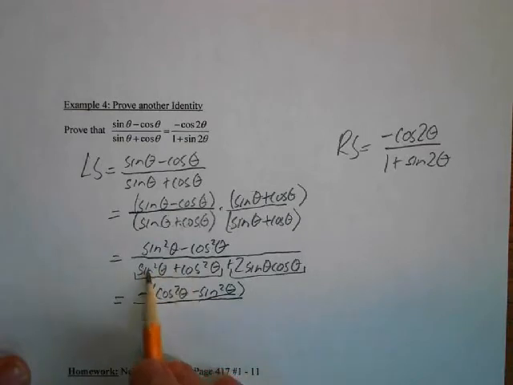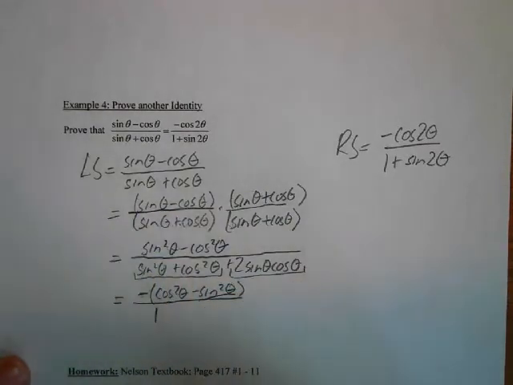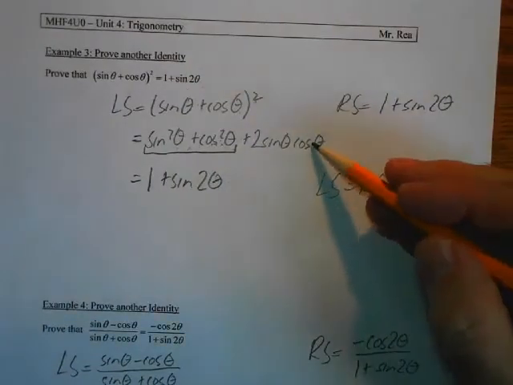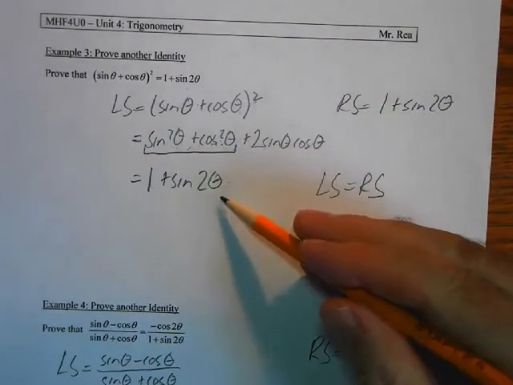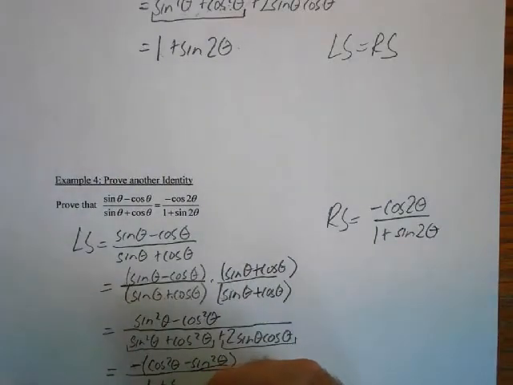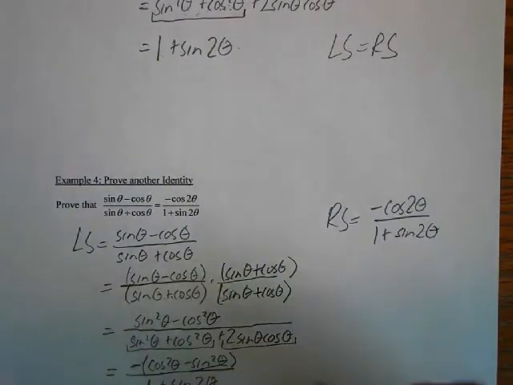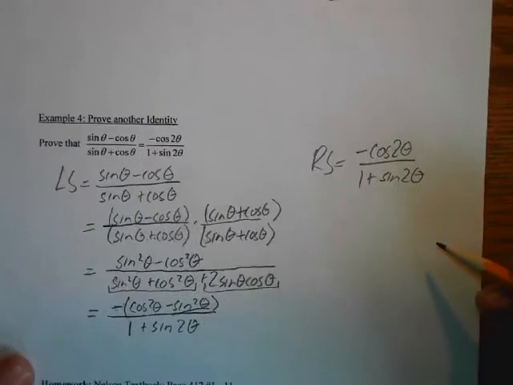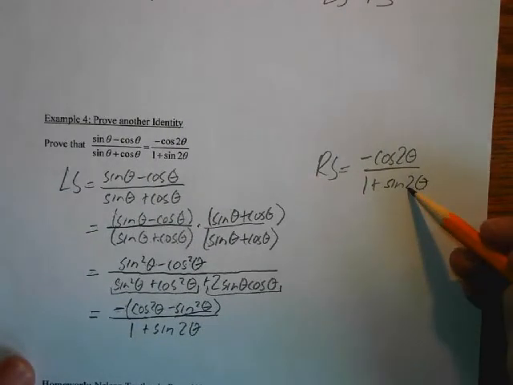Now we can clean this up on the bottom. We know that's a 1, so I've got 1, and then I've got 2 sine theta cos theta, which, if you remember from just a few minutes ago, is equal to sine 2 theta, so plus sine 2 theta. And if you look back over here, things are looking really good. I've got the correct denominator.